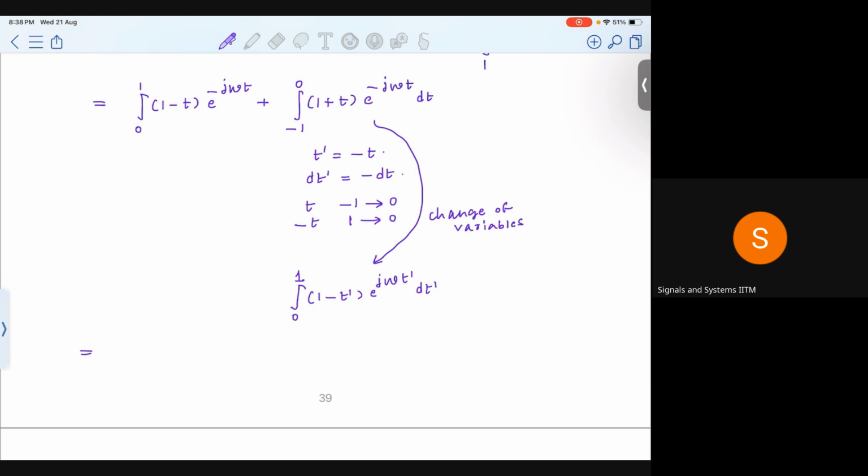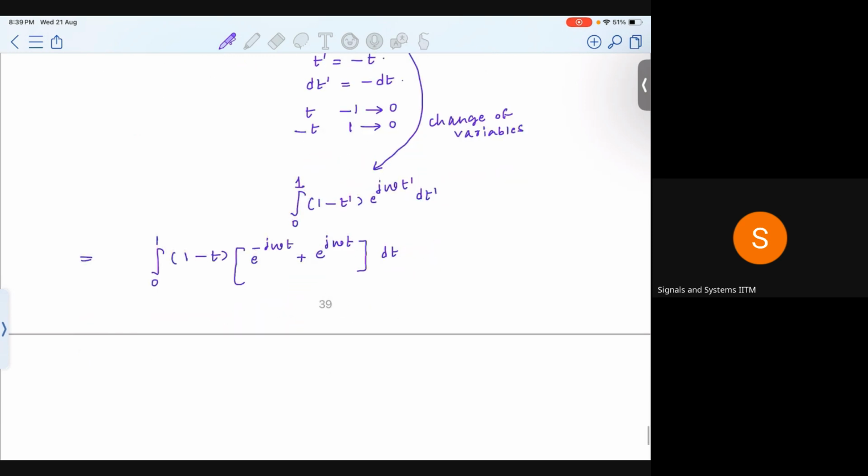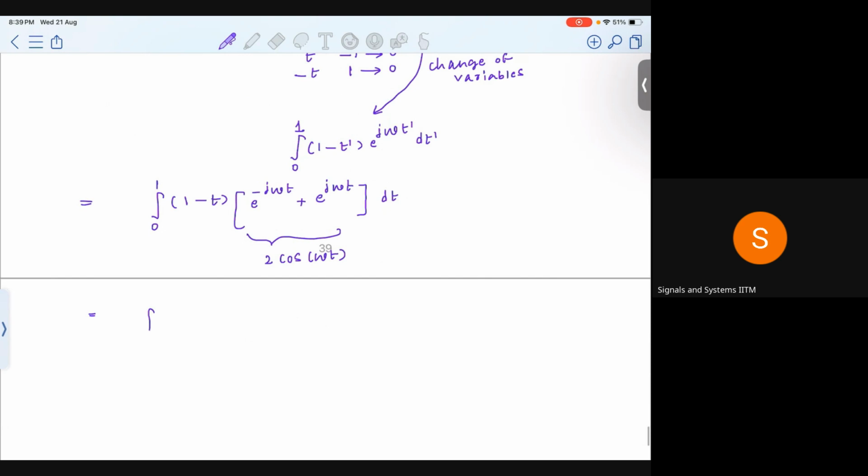Okay, so this is the same as 2 times the integral from 0 to 1 of 1 minus t, times e power minus j omega t plus e power j omega t, dt, which is nothing but 2 cos omega t. So this is the integral from 0 to 1 of 1 minus t, 2 cos omega t dt.